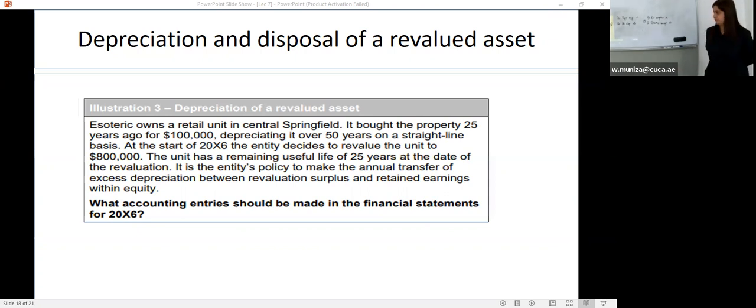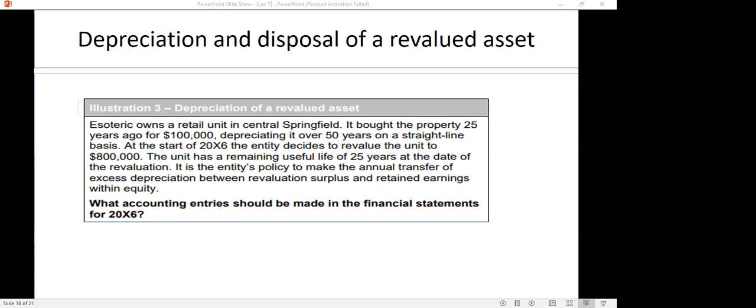Done? So accumulated depreciation is how much? You have not calculated. Aisha and Rabia, have you calculated? Yes, ma'am, doing. Okay, great.